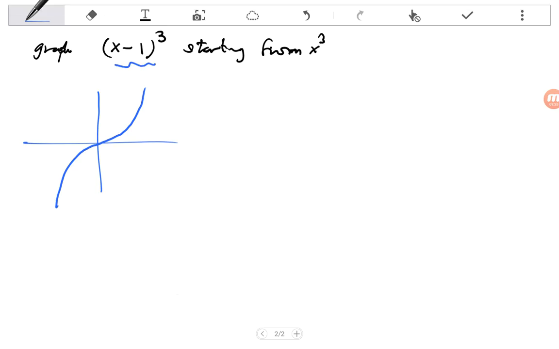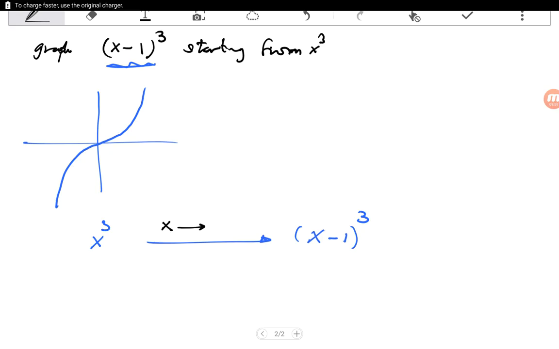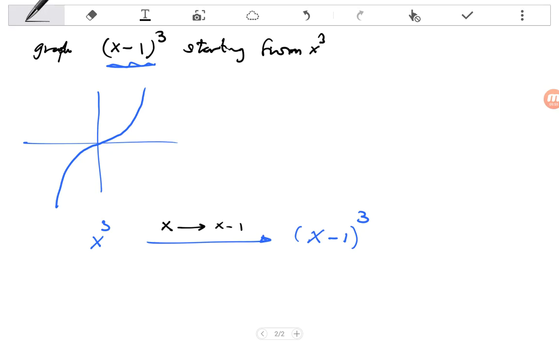Now, if I need to make a graph of x minus 1 all cubed, how would I make that? That is x cubed. What is the change that I need to do? I am replacing every x with x minus 1. And what does that mean graphically? It means a horizontal shift. In which direction? Plus 1 means a distance of 1 in the right direction.